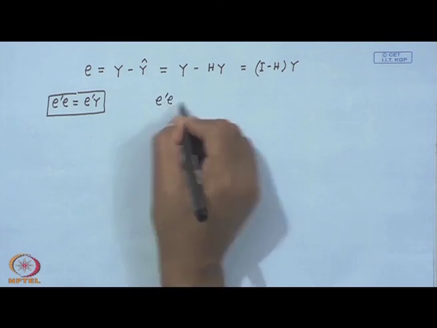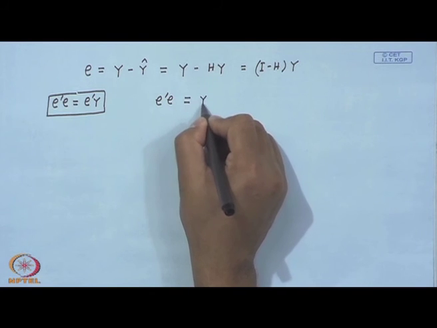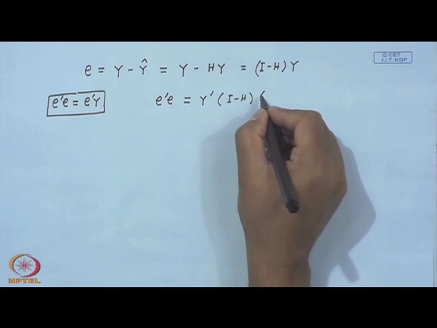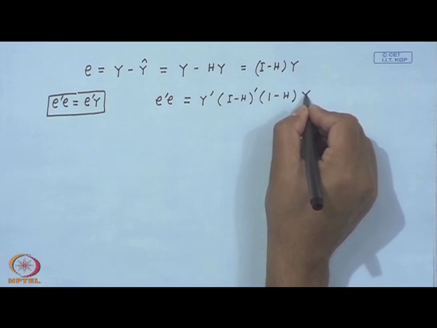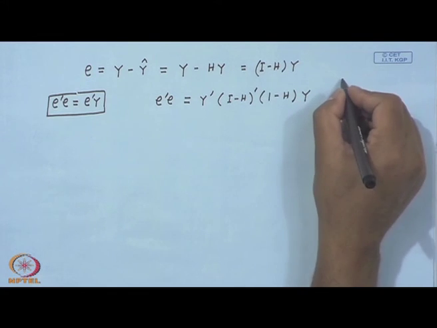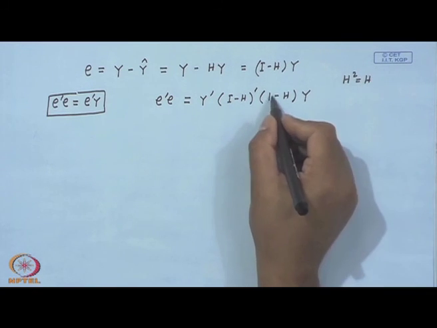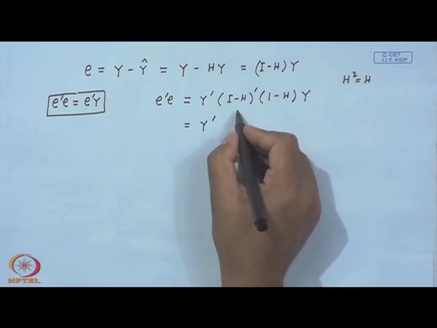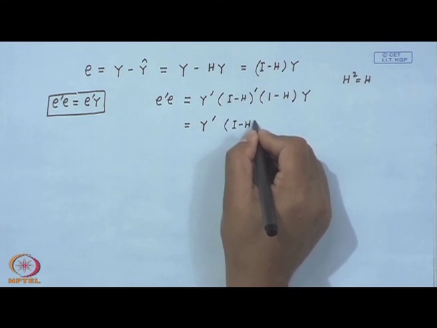E prime E can be written as y prime (I minus H) prime (I minus H) y, and it is known that the hat matrix is an idempotent matrix, that means H square is equal to H, and then I minus H is also idempotent. So this can be replaced by only I minus H y.